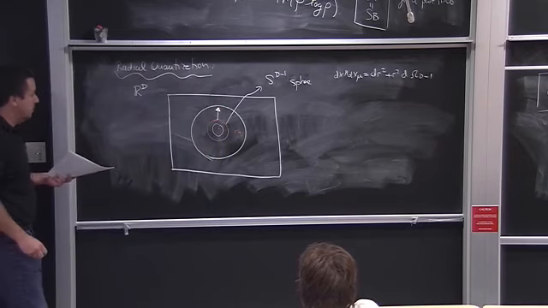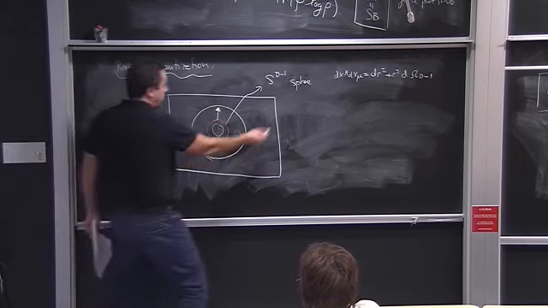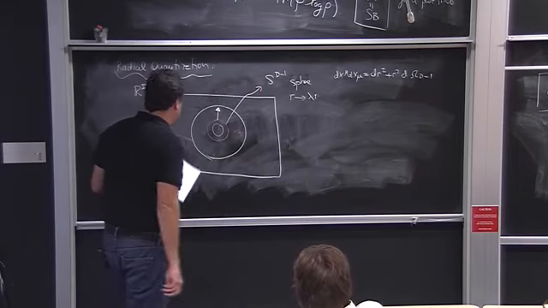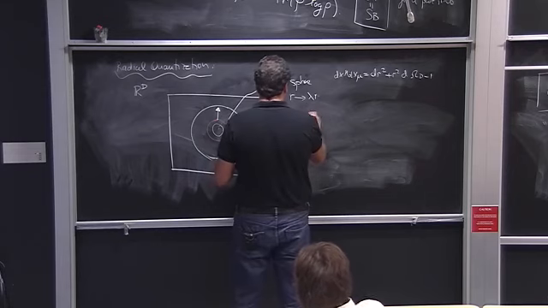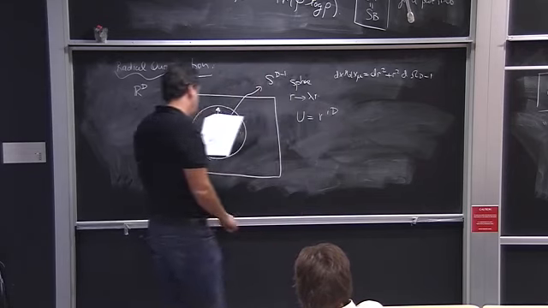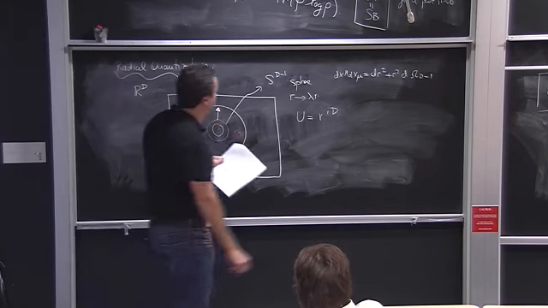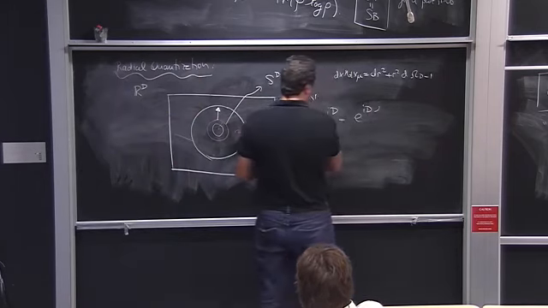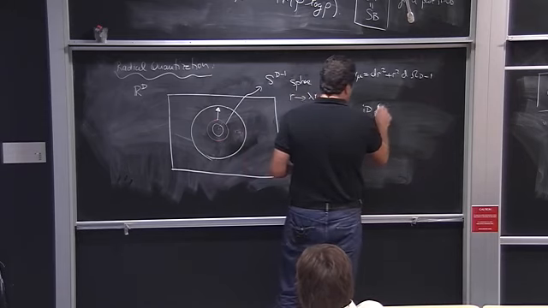The dilatation operator, because dilatation scales R into lambda R. So the operator that we're going to use to evolve the states is R equals ID, or I can write it like this.